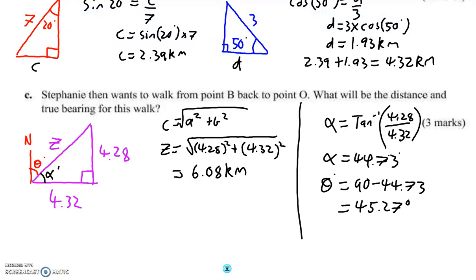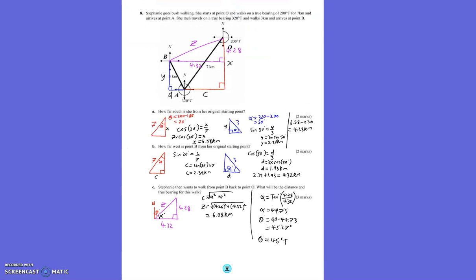But as it says clearly that we want all bearings to the nearest degree, you would just say theta equals 45 degrees true. You must put your T. And that's it. That is our final solution for the final question. Good luck at the exams.